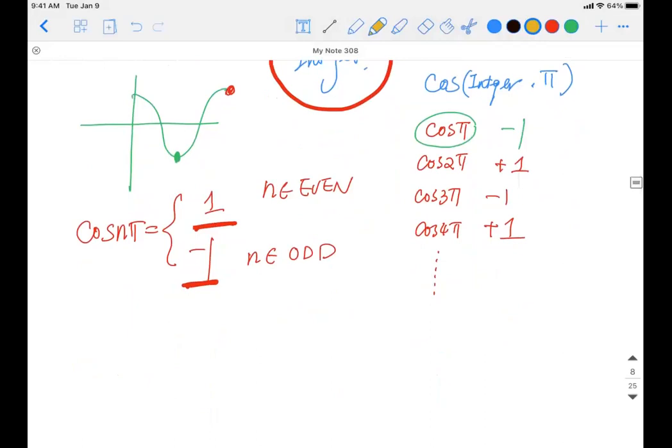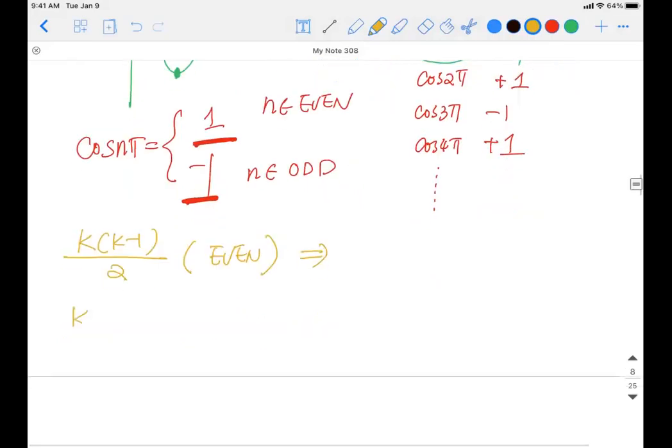So that being said, I might be able to see something like this. Check it out. If k times k minus 1 divided by 2 is even, I'm going to have one result. Or if this is odd, I'm going to have another result. Very understandable, right?